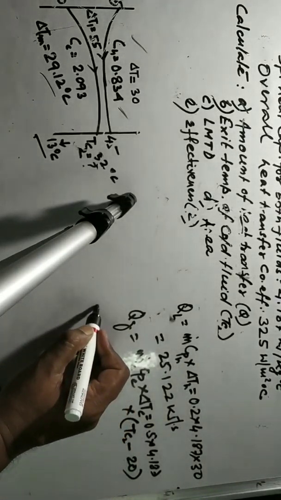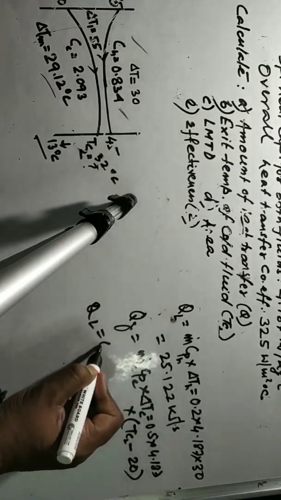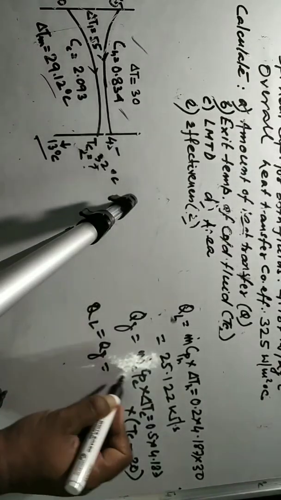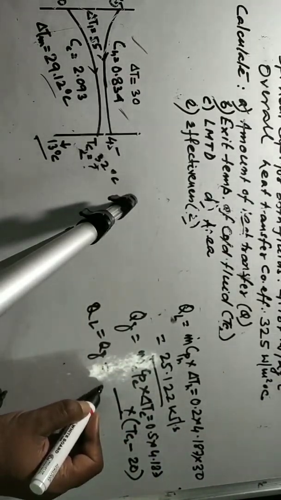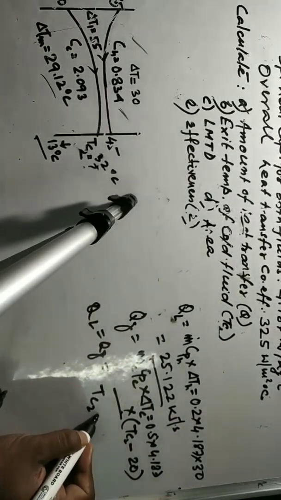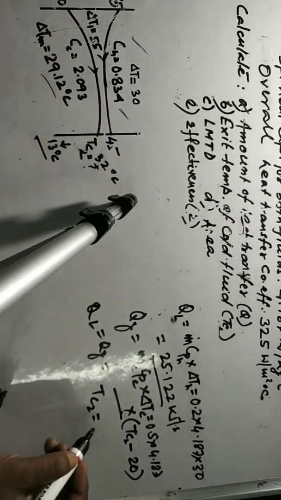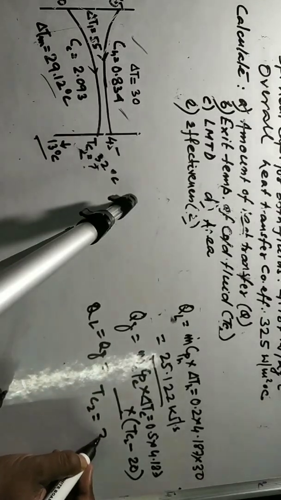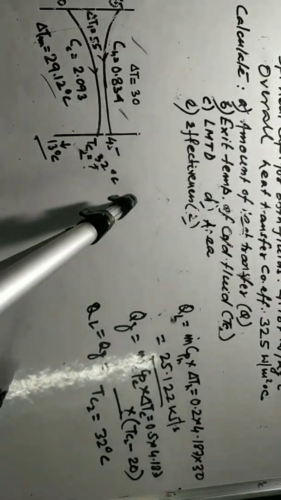So if you equate heat loss equal to heat gain, these two parameters if you equate, you will get exit temperature of cold fluid TC2, that will be 32 degrees centigrade.